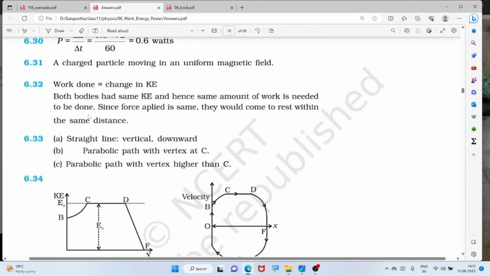Work done is the change in kinetic energy. Both bodies have the same kinetic energy and hence the same amount of work is needed to stop them. Since the force applied is the same, they will come to rest within the same distance.